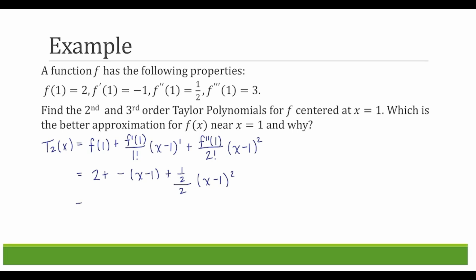So what I end up with is 2 minus (x minus 1) plus 1/4 (x minus 1) squared.